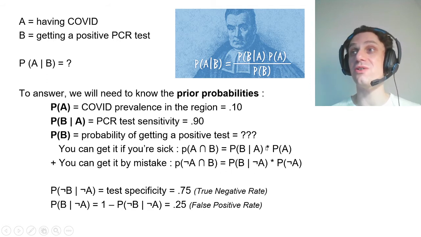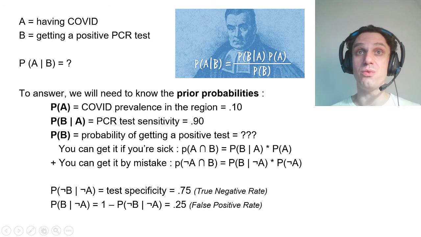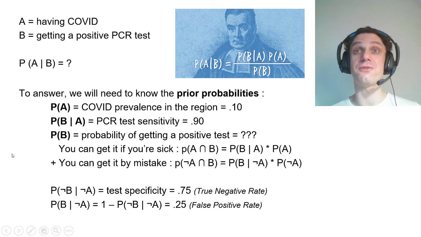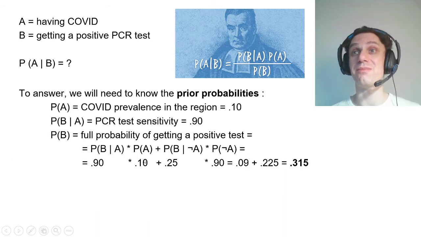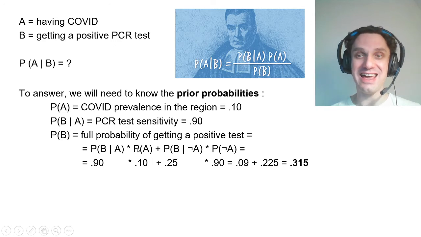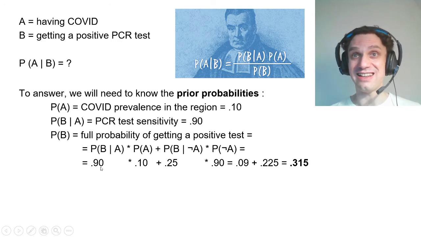So now that we know all these four probabilities, we can combine them and calculate a full probability of getting a positive PCR test. And here it's 0.90 multiplied by 0.10, which is the probability of getting a positive test in case you're sick.